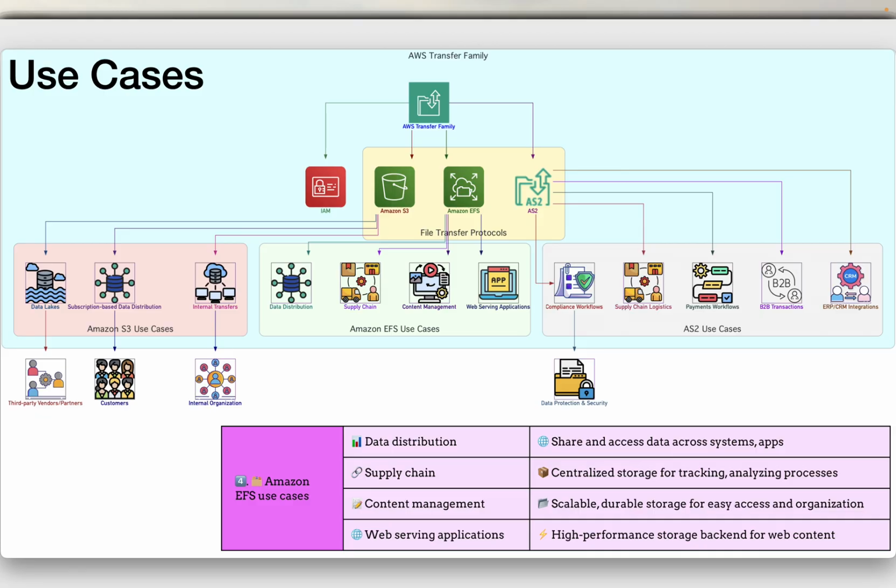Then EFS offers a scalable and durable storage option for content management, ensuring easy access and organization of content. Finally, EFS can be integrated with web serving applications, providing a high performance storage backend for serving web content, because EFS exposes a network file system NFS interface, so that can be used just like a regular file system across multiple computing platforms. So that can be served, unlike S3, which is slightly different use cases.